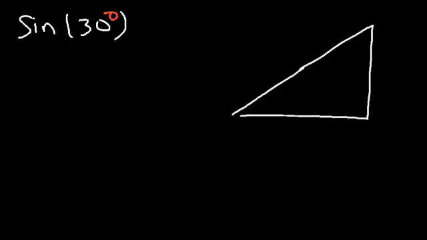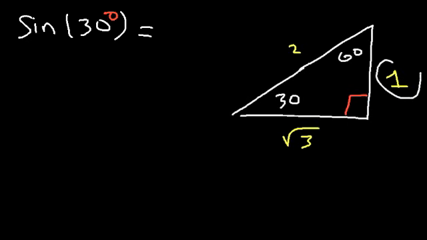You do have to memorize something, either this triangle or the unit circle. Now you need to know that across the 30 is equal to 1, across the 60 is root 3, across the 90 is 2. So using sohcahtoa, sine 30 is equal to the opposite side divided by the hypotenuse.